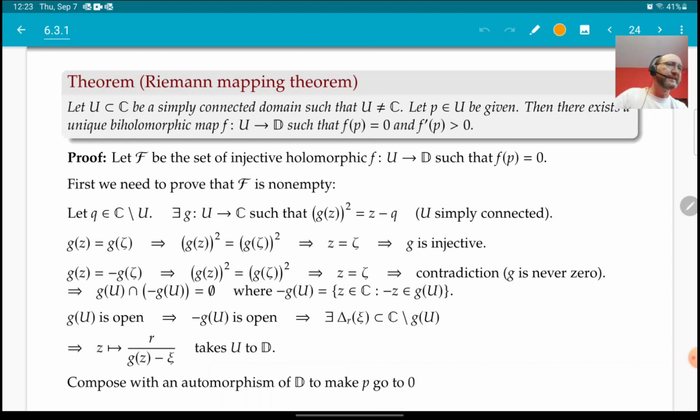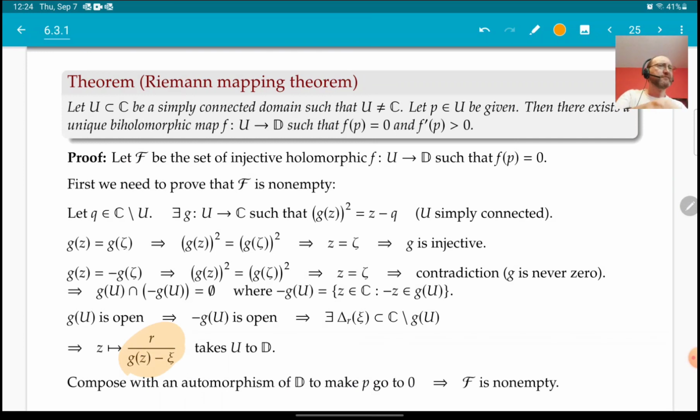Well, almost, but it takes U to D, and then you can compose with an automorphism to make p go to 0. Again, that's easy to figure out. So we have a map in F, so F is non-empty.